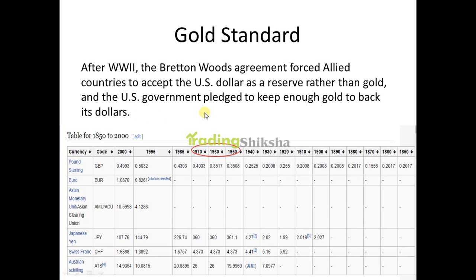So, for example, if US has 1 billion worth of gold, then it can only print $1 billion worth of currency, because if tomorrow everyone goes to the bank and asks for exchanging it for gold, the government has a liability to give them gold. So they have to maintain that much gold.